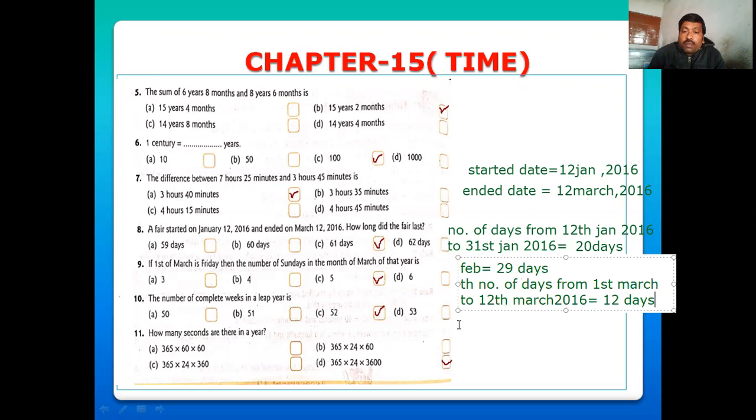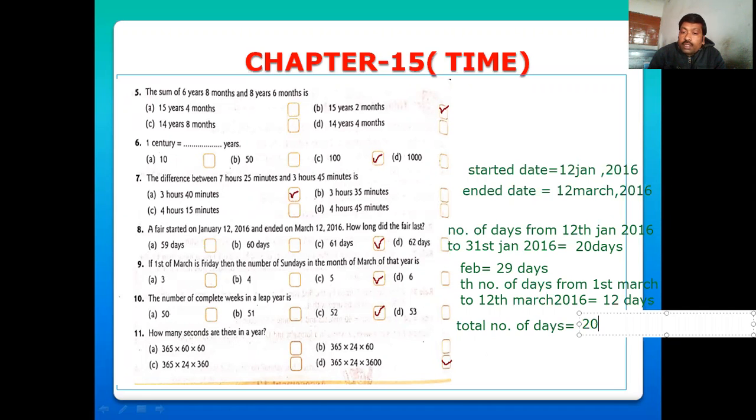And now the total number of days: 12th January to 31st January is equal to 20 days. Add 29 days in the February month and add 12 days in March month. So when we add all of them, we get 61 days. So our answer will be 61 days.